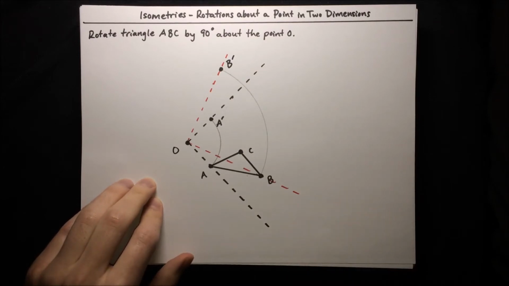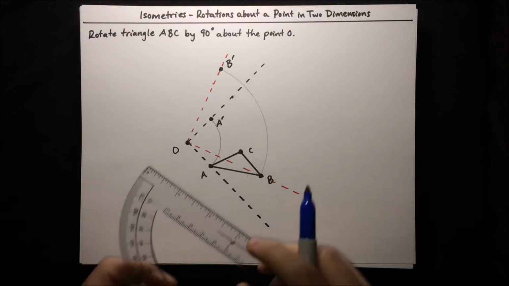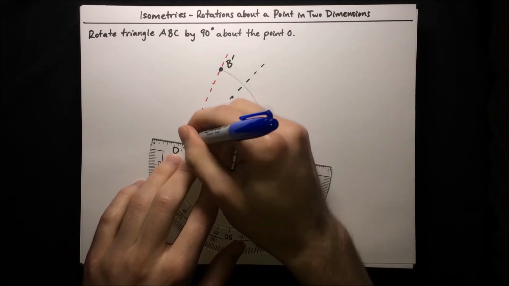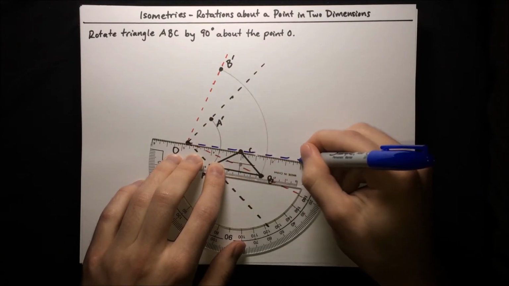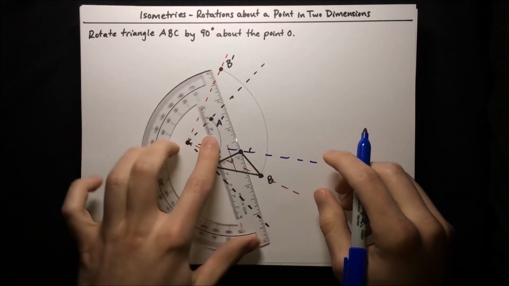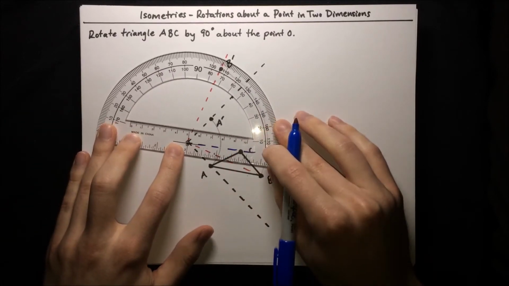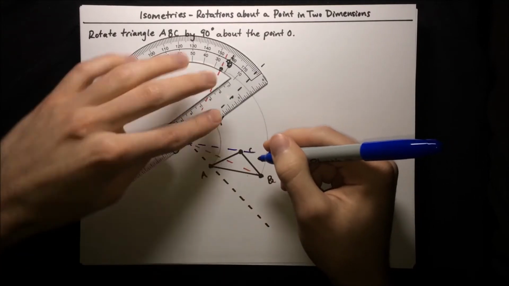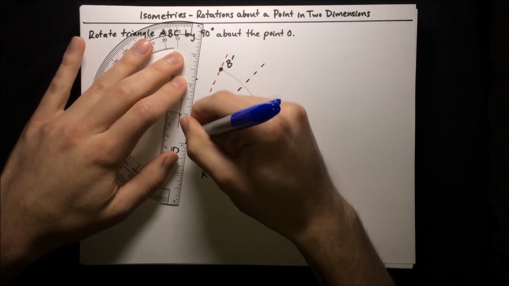Okay, now we just need point C, and we'll do that the same way again. So draw a ray through O and C. Here's our ray. And then we'll make a 90-degree angle. So line it up with that ray and mark off 90 degrees. And make the other side of the angle as a ray through that 90-degree point.